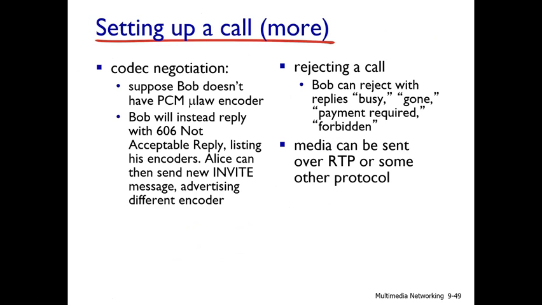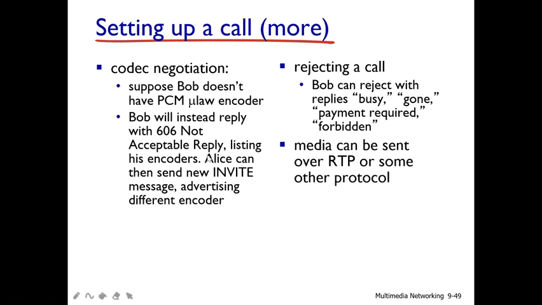So if you want to set up a call, how are you going to do it? I told you about the codec, right? So coder and encoder negotiations. Suppose Bob doesn't want this encoding. Instead of replying with 200 OK, he can reply with 606 Not Acceptable. It means he is not interested in establishing the call with Alice.